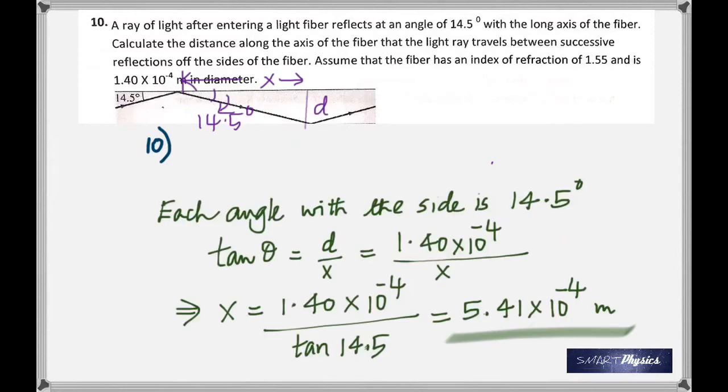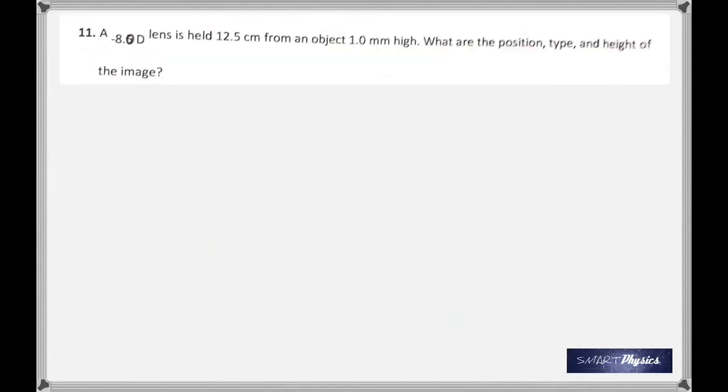So once again here, you are asked to find x. If this angle is 14.5, this is definitely going to be 14.5, because if you draw the perpendicular here, these two angles will be equal. Therefore, these have to be equal too. So it's enough to take tan theta. You get d by x, and d is known, which is the diameter, and you get it.